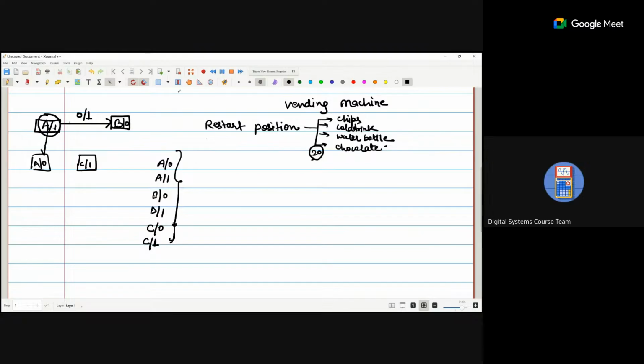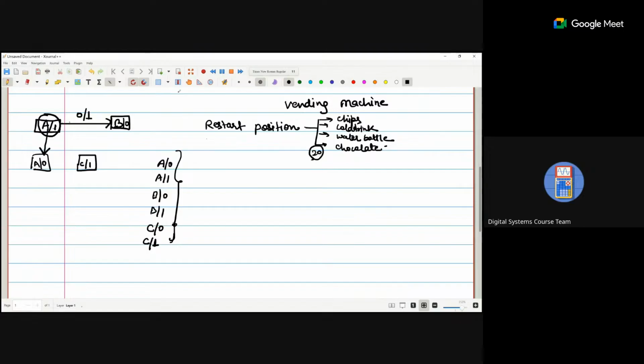Now these two states are different. Why? Because the output is 0 and 1. So we mention that the output is different, which means the state is different. So this is about the Moore machine.